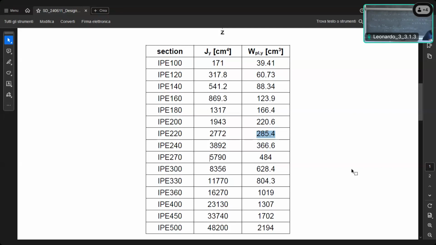What is the first section which fulfills the requirement as concerns the section modulus? As you can see, IPE 300 has a section modulus which is 628.4 cubic centimeters. And therefore, our choice is to redesign the beam with an IPE 300 section.